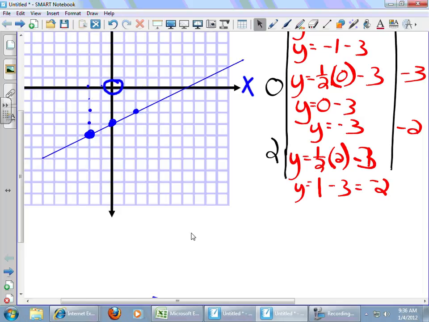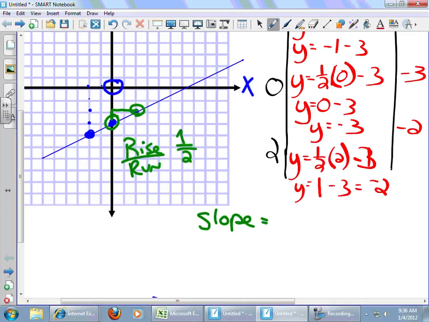All right. Now we can count the slope, right? Let me circle 2 points. If I move up, my rise number is going to be 1. I move to the right, 1, 2. So my run number is 2. So my slope, which is defined as rise over run, equals 1/2.